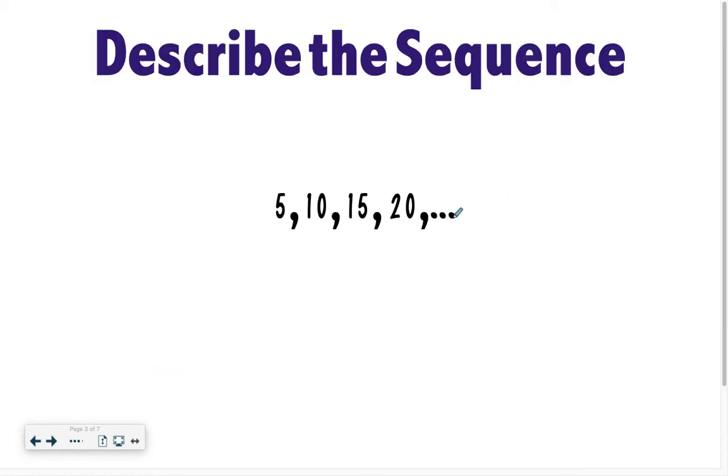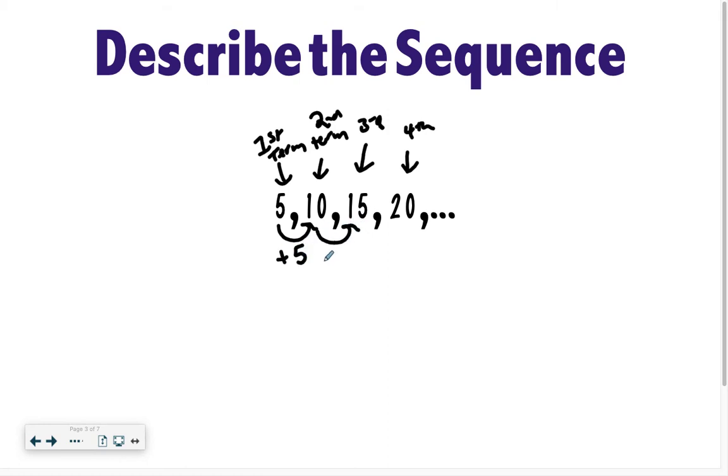Now, if I asked you to describe the sequence, and we're looking at the numbers 5, 10, 15, and 20. So this would be my first term, and then 10 would be my second term. Then I would have a third term and a fourth term. My common difference, how much it's changing by, I'm adding 5 each time, right?